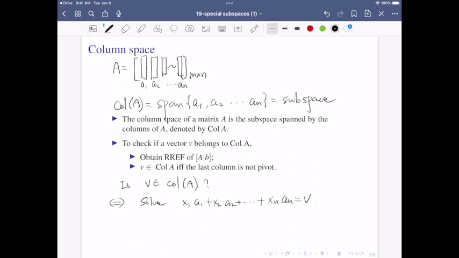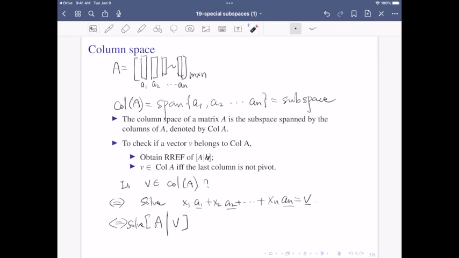This is a vector equation. Or equivalently, you want to solve the augmented matrix, with A as the coefficient matrix and v as the right-hand side. To do that, we need to obtain the REF of [A v].